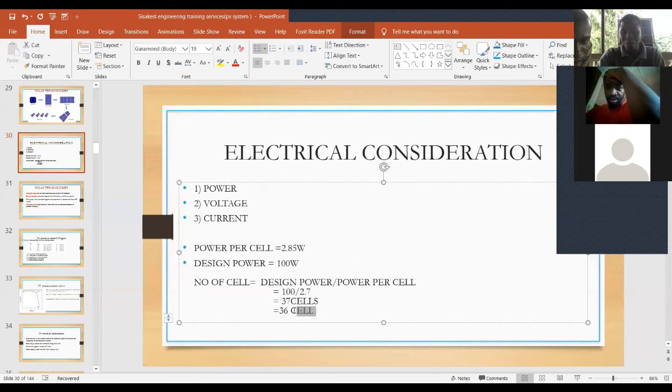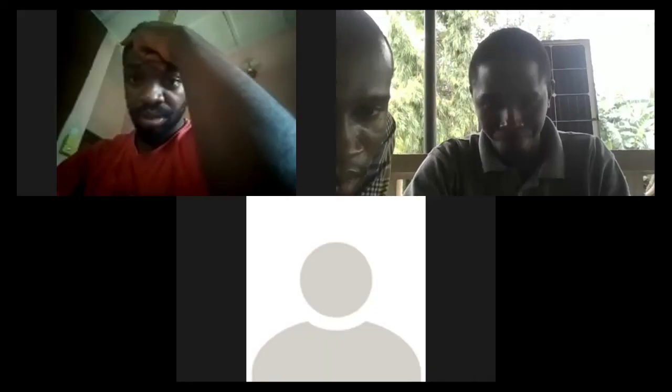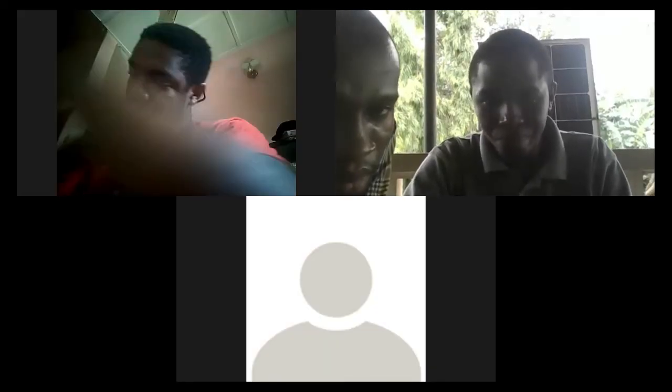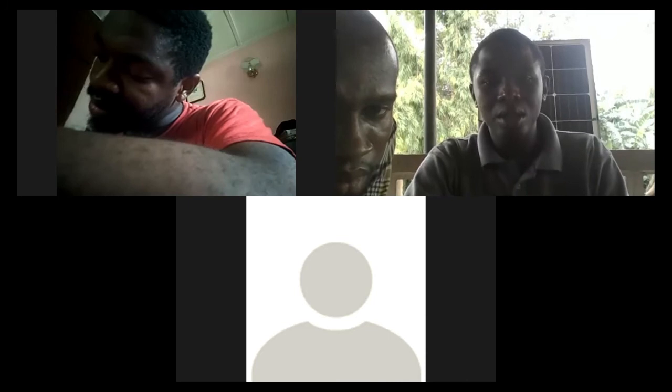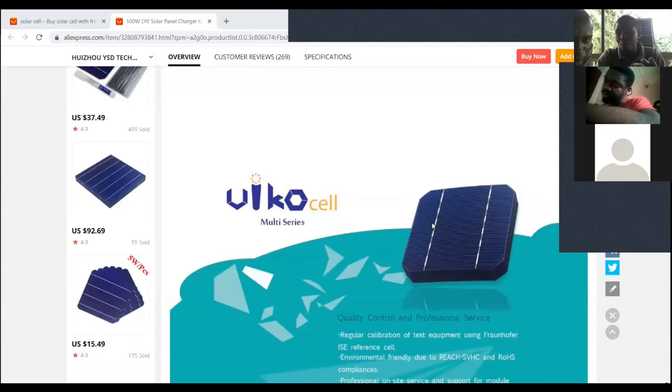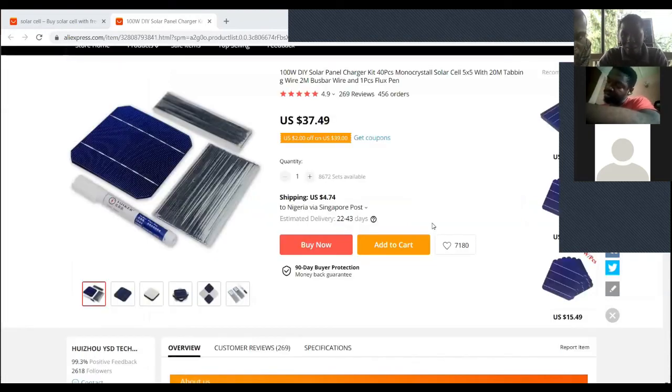Now I want to show us one more thing. Can we go back online? Let me show us one more thing online. This one is 2.7 watts per cell. I want to show that there are cells that are more efficient than this one.